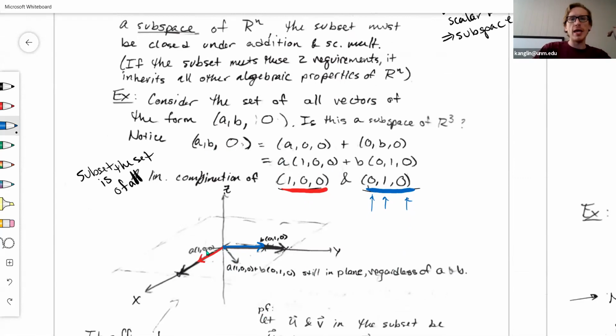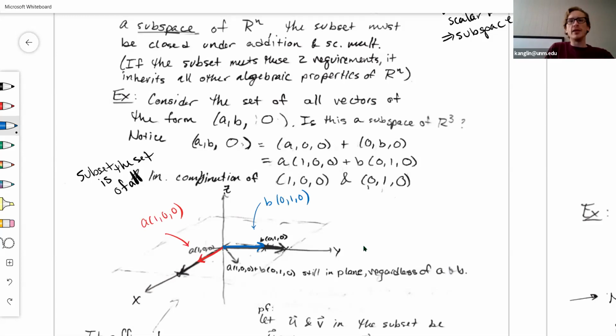So say I did have a times this first vector. Well, that would take me to something like, let's just say this red vector is really a times the first vector. In fact, let me doctor this up a little bit. This red vector is shown there in red, and the blue one is shown there.